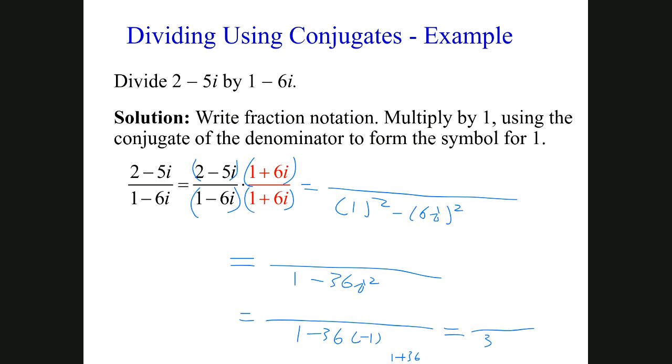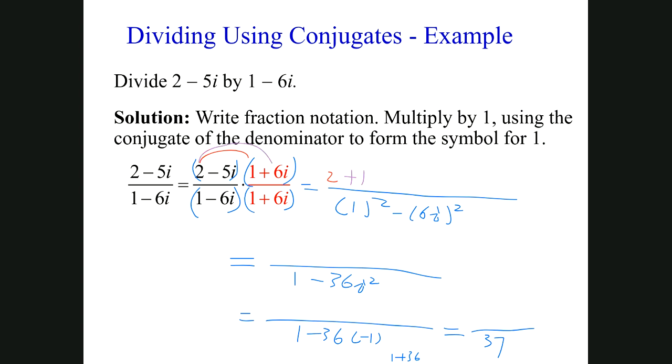This is called rationalize the denominator. My denominator is a real number, I don't have i anymore. If I multiply the conjugate, my denominator will be a real number. And we have to go back and figure out my numerator. On my numerator, I have to FOIL it. So 2 times 1, I got 2. And then 2 times 6i, we got 12i.